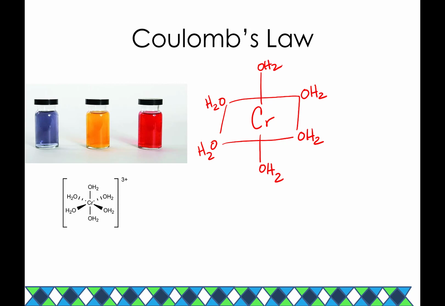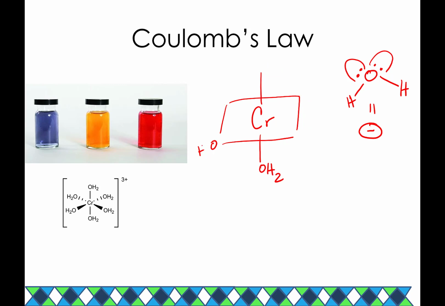Okay, for crystal field theory, remember specifically, it is the electrons on the water that are donating to the chromium. So we want to think about this ligand as just a negative point charge. So let's go ahead and redraw this.